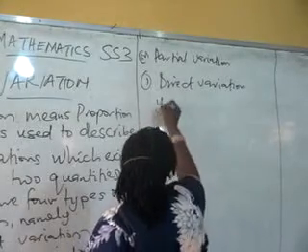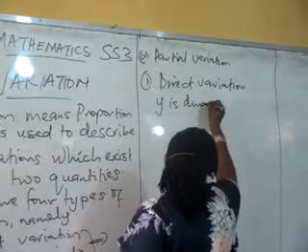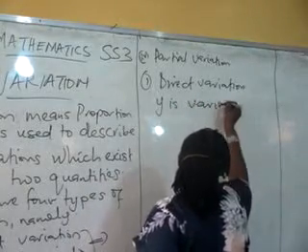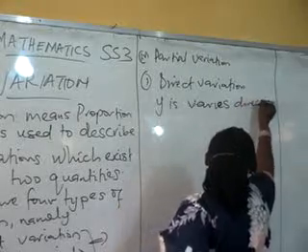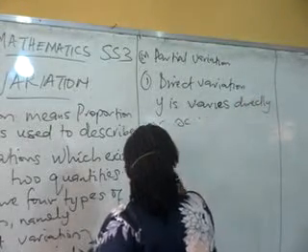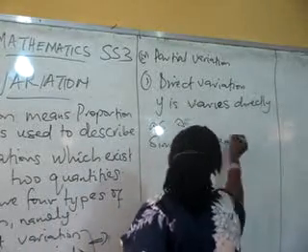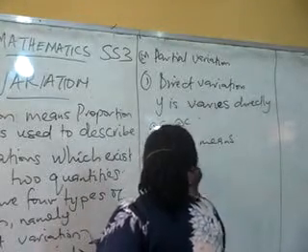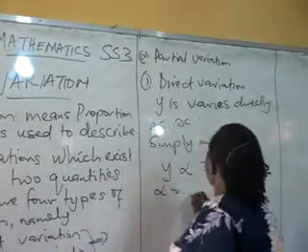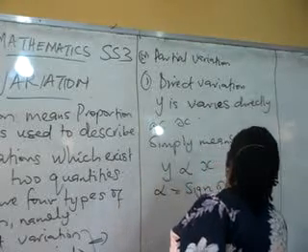When we say y varies directly as x, it simply means y varies as x, where this symbol is the sign of variation.